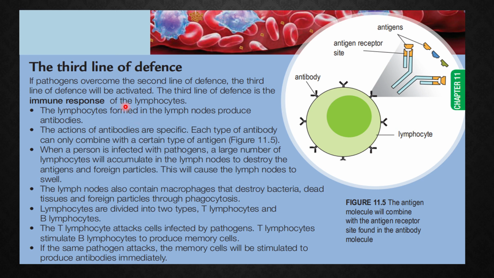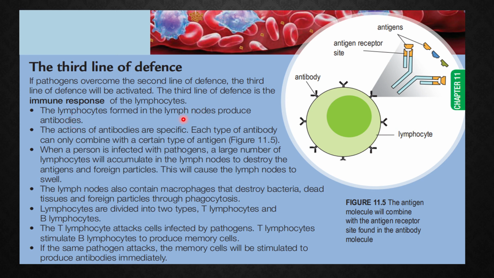And that is through the actions of lymphocytes, which are white blood cells, to produce antibodies. And we say the actions of the antibodies are specific. Do you still remember the lymph nodes? The lymphocytes form in the lymph nodes. This is the one that will produce the antibodies.